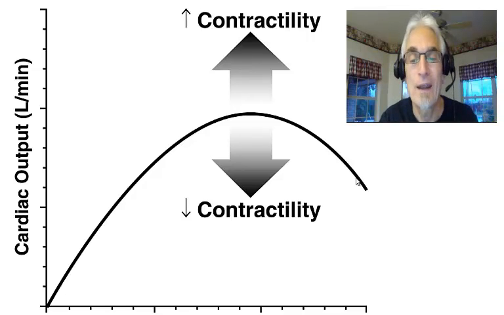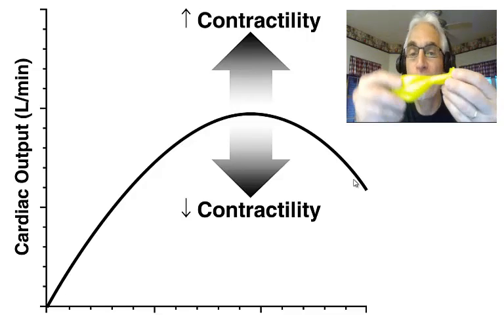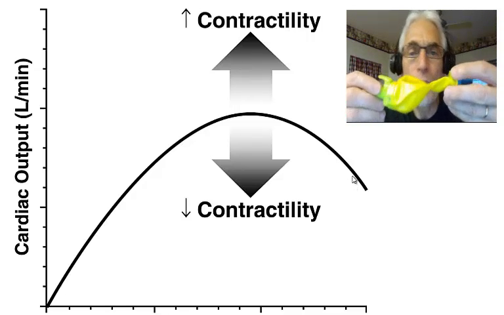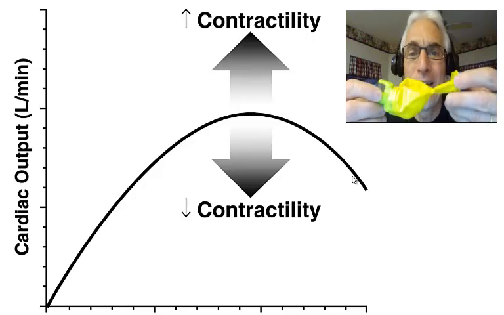That's not the case. As the heart fails, if you stretch it too much, you stretch it beyond its point of no return and you lose function. That's the Frank Starling curve right there. And this heart is way at the far right side.